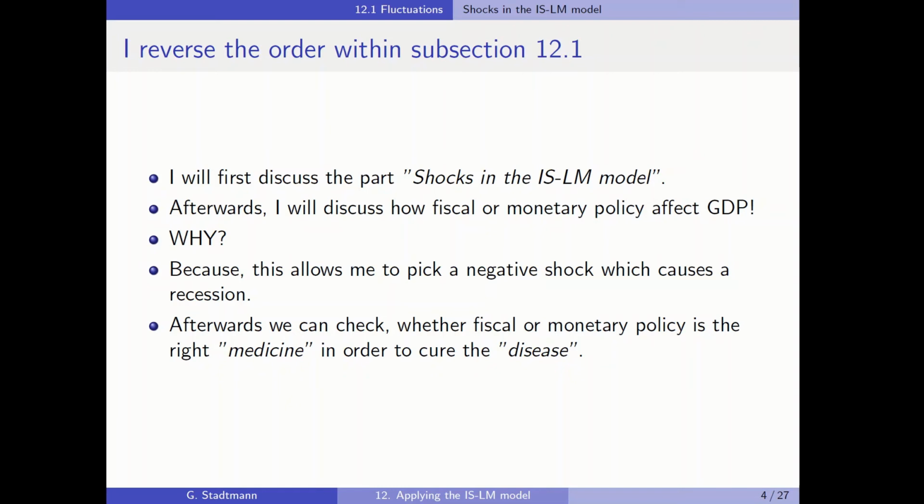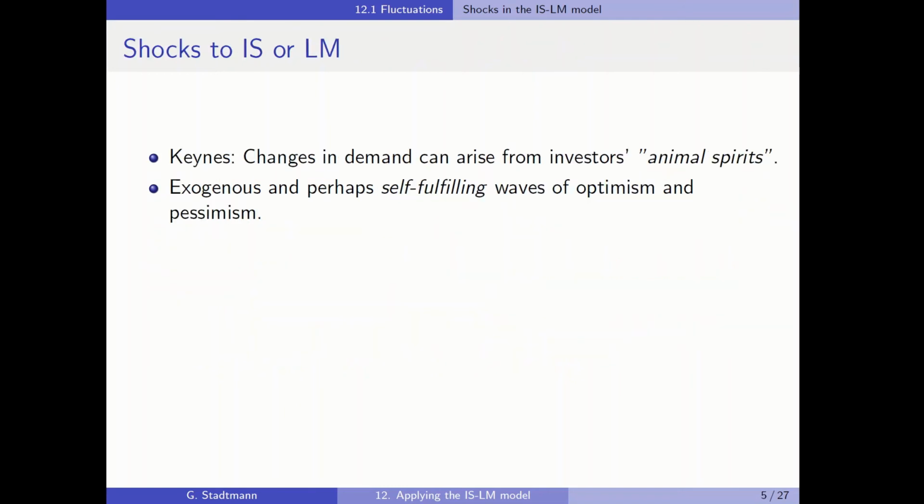I think it's important to reverse the order and the structure of this chapter so that you understand that in the beginning there is a problem and then we are looking for a solution. I don't think it's very intuitive that first you come up with a solution and afterwards you are talking about the problem. So let's talk about the problems first.